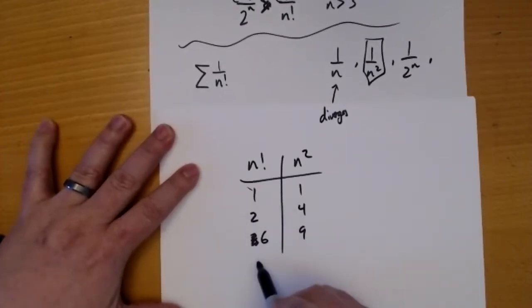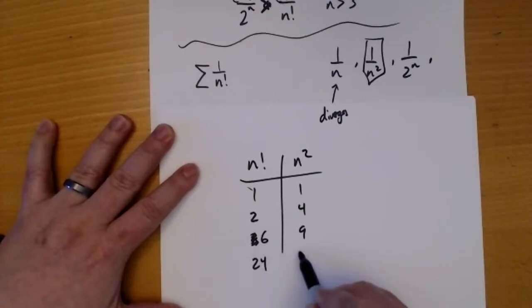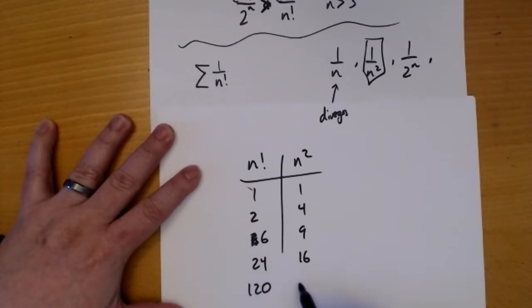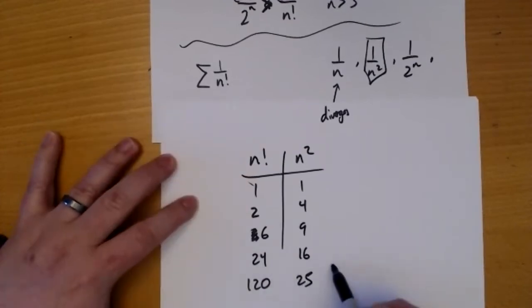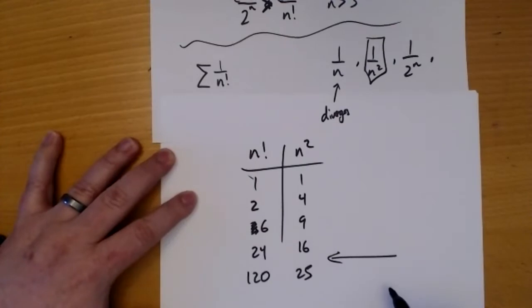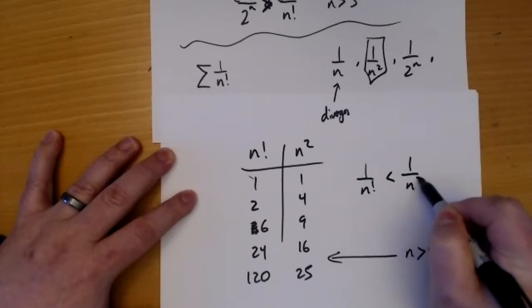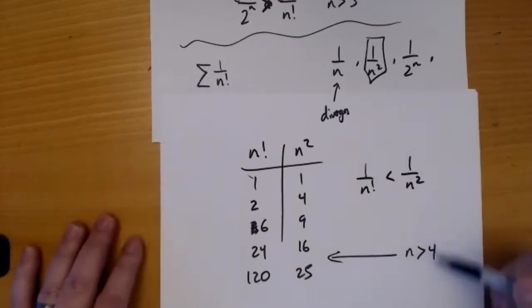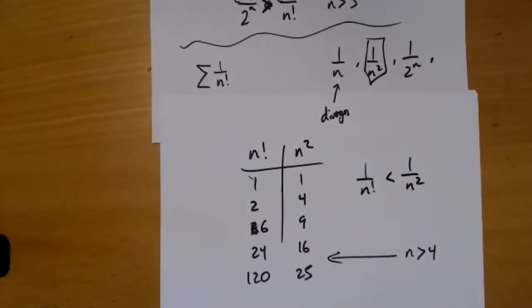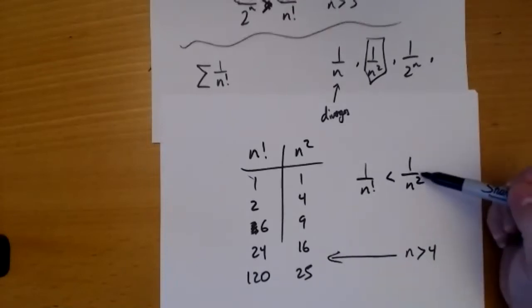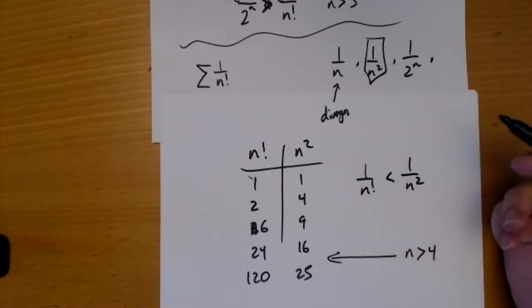And at 4, it's 24 and 16. At 5, it's 120, and now you're at 25. So once you get past a certain point, beyond n greater than 4, 1 over n factorial is smaller than 1 over n squared. You see? And since this guy converges, he must also converge.